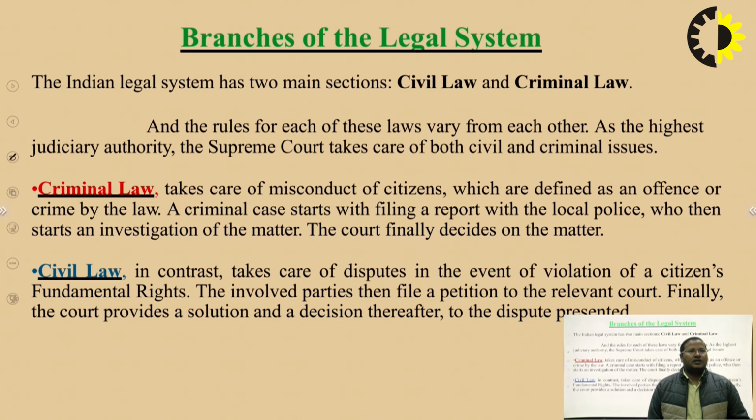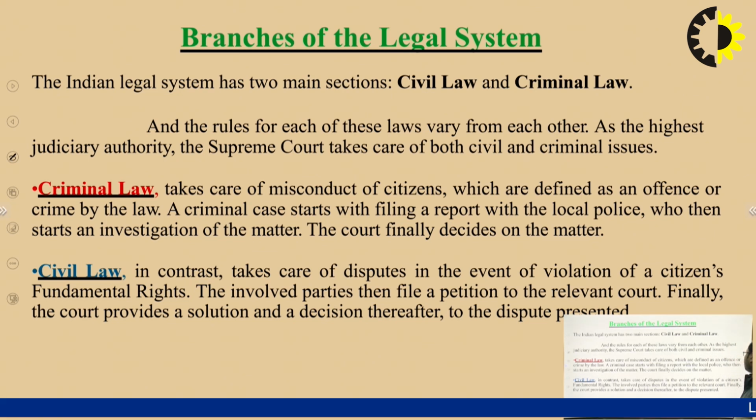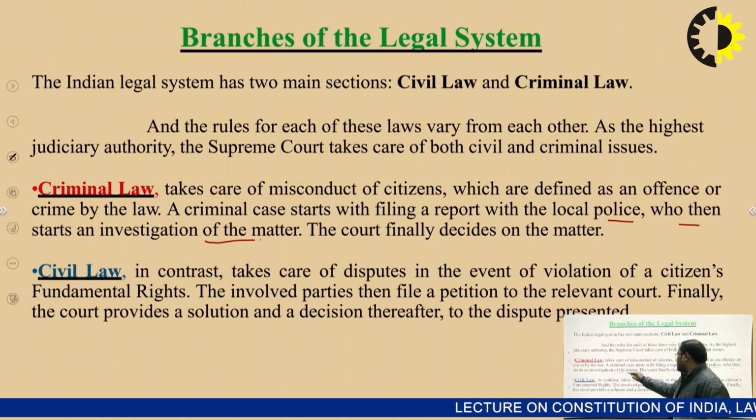Branches of the legal system. The Indian legal system has two main sections, civil law and criminal law. Criminal law takes care of misconduct of citizens which is defined as an offense or crime by the law. A criminal case starts with filing a report with the local police, who then start an investigation of the matter.